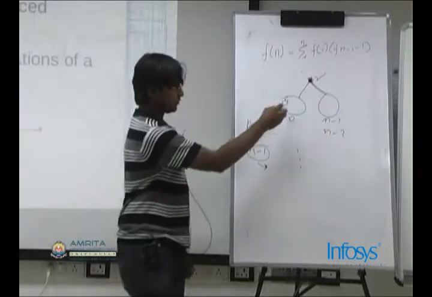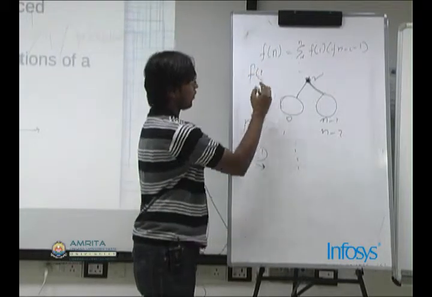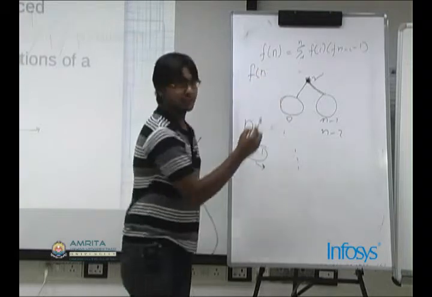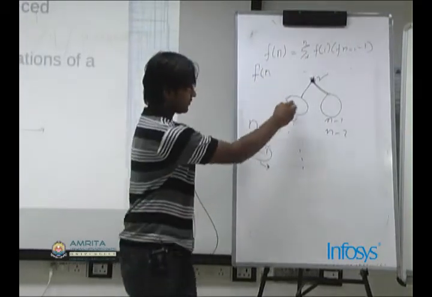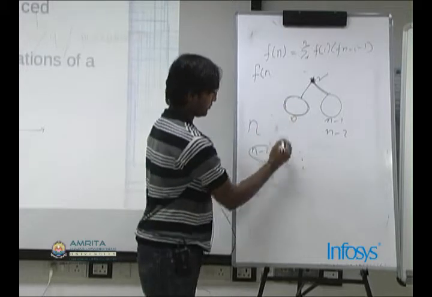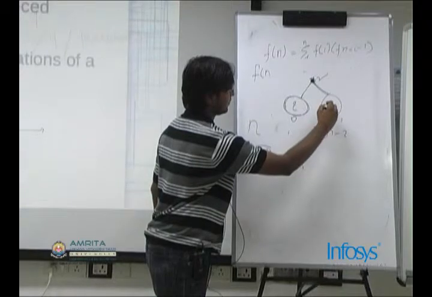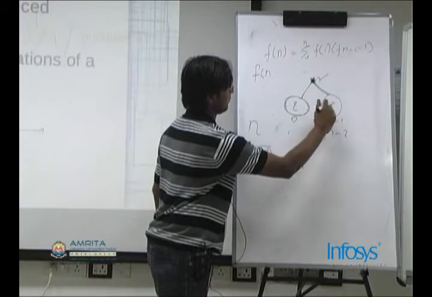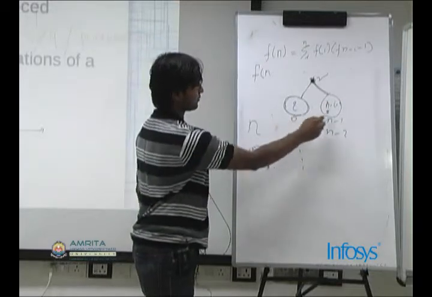So if we know the number of rooted trees for all i less than n, we can simply use that. Suppose this is of length i and this is of length n minus i minus 1. So the total is n minus 1.